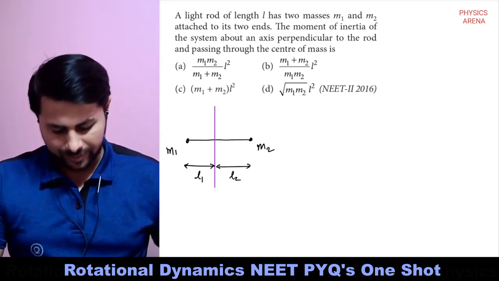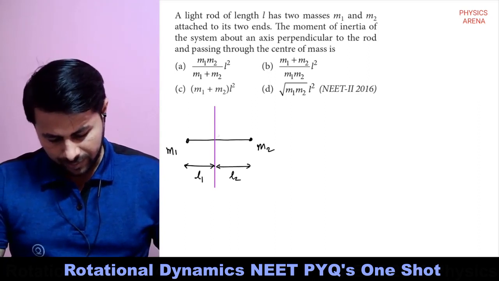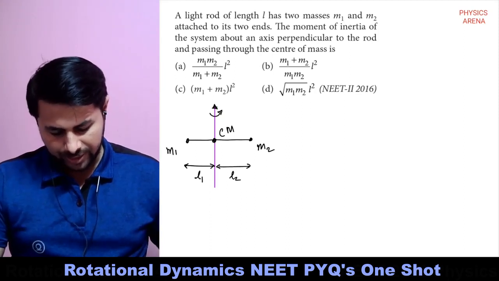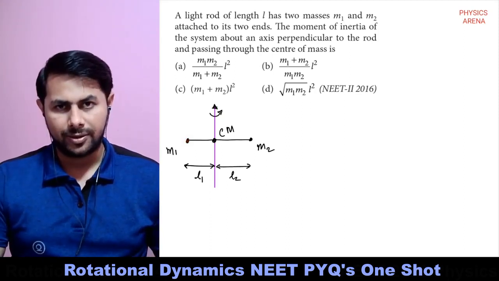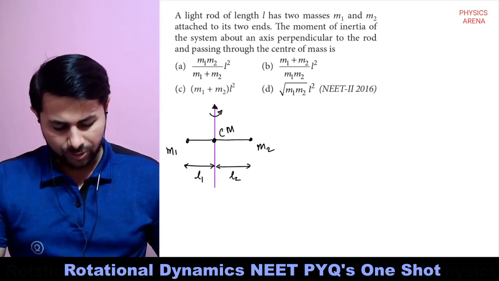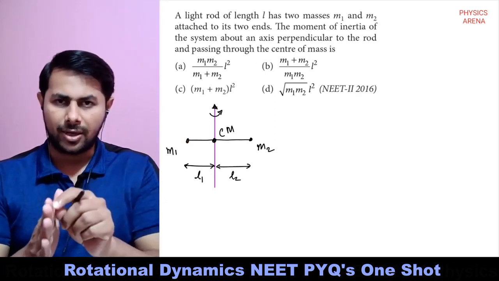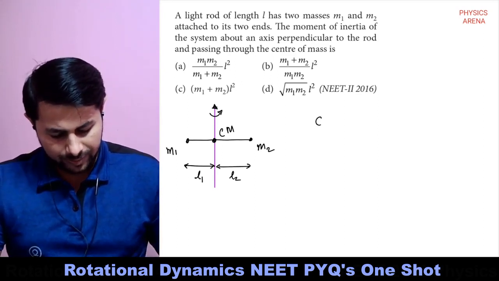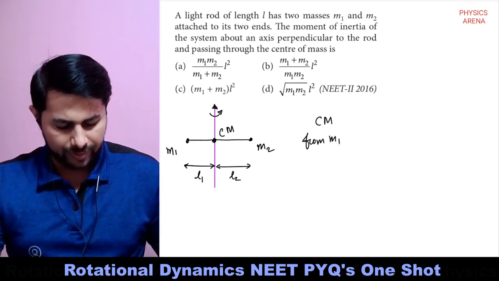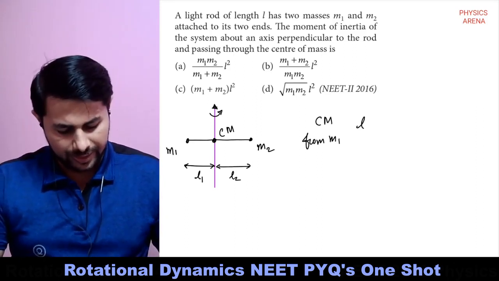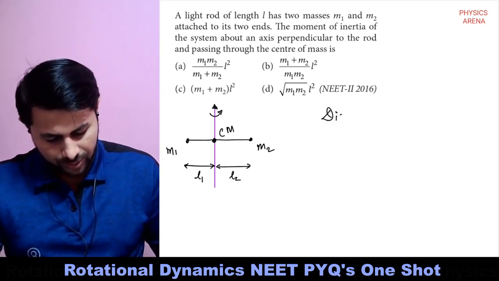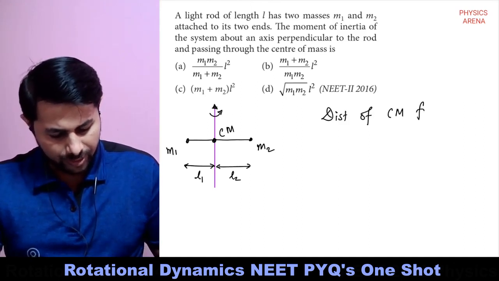So how much will be L1? It is the distance of the center of mass from m1. So how do you find it? We can start counting distances from m1. So the distance of the center of mass from m1 is L1.